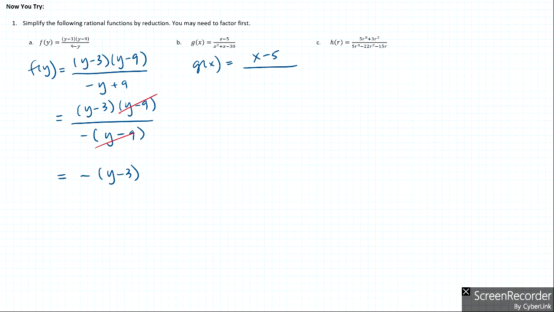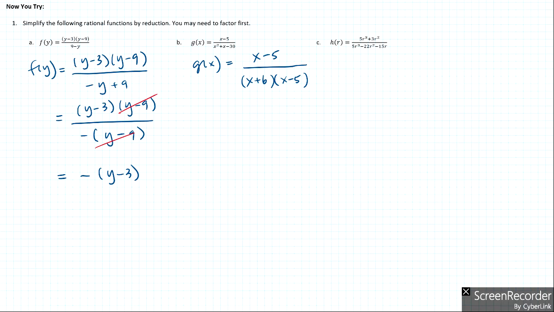If we look at the factoring, we want the sum to be positive 1 and the product to be negative 30. If you go through your factor pairs of negative 30, you should see that the two numbers are positive 6 and negative 5. Make sure you're careful with the signs over here, because we want the sum to be positive.